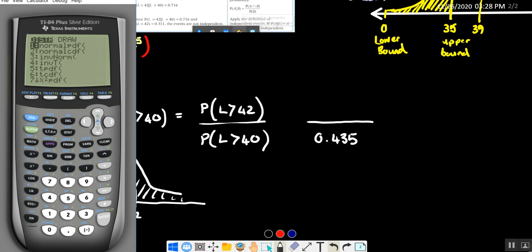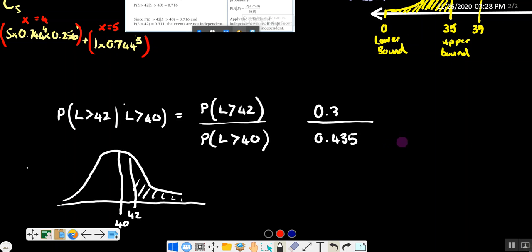Distribute, normal. This time the lower bound is 42. Upper we stick the same. Everything else is the same, so it's nice and quick. And we get 0.311.